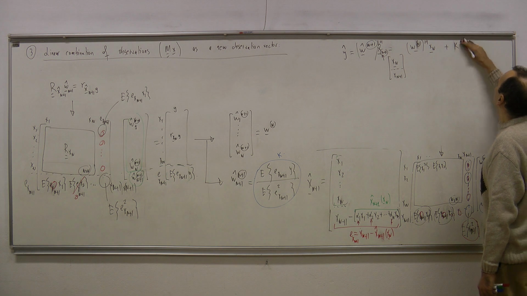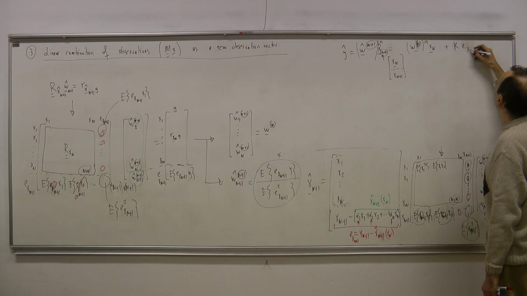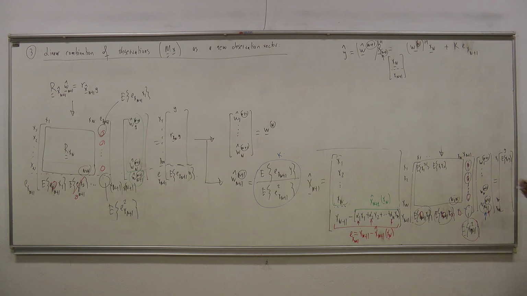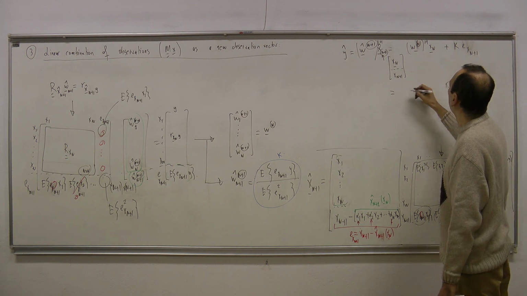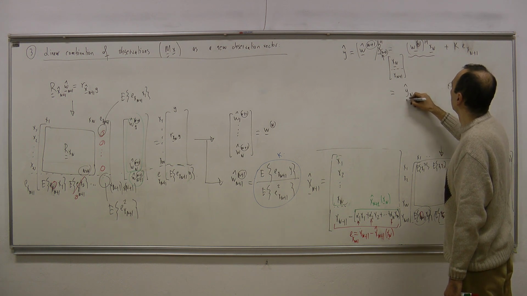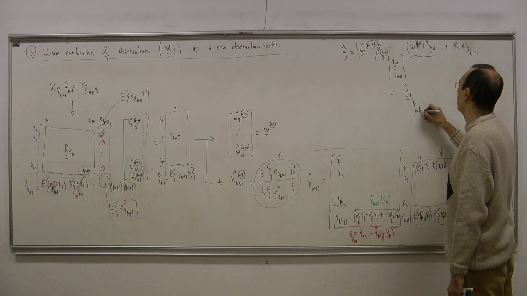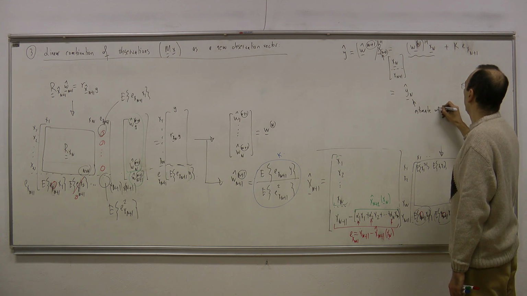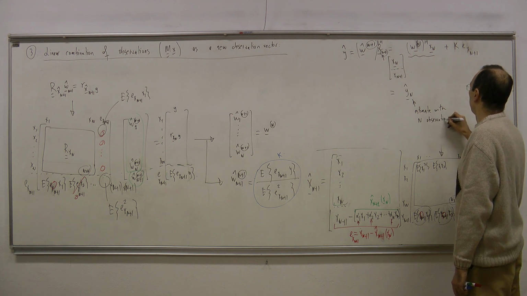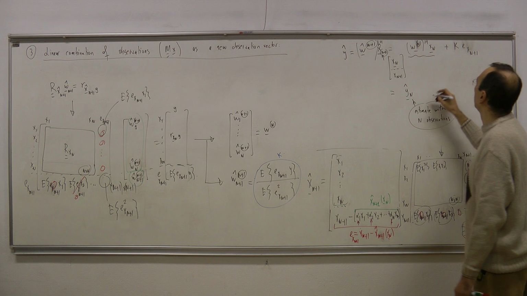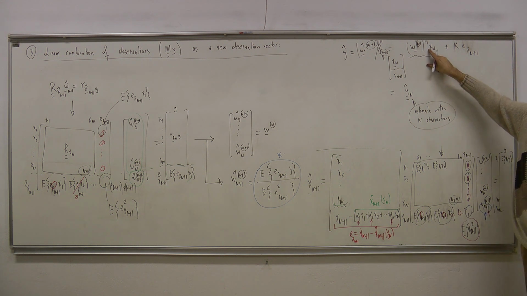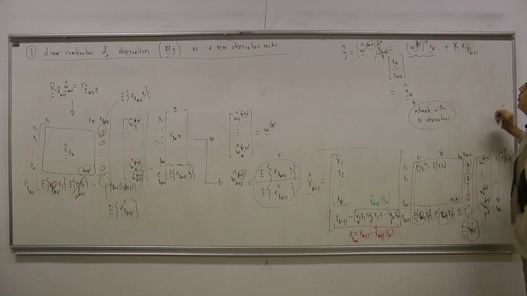So this is e of x of n plus 1, the prediction error. So this is then equal to, this is the estimate with n observations. Okay, because please remember that these are the optimal weights for the processing of the first n observations.